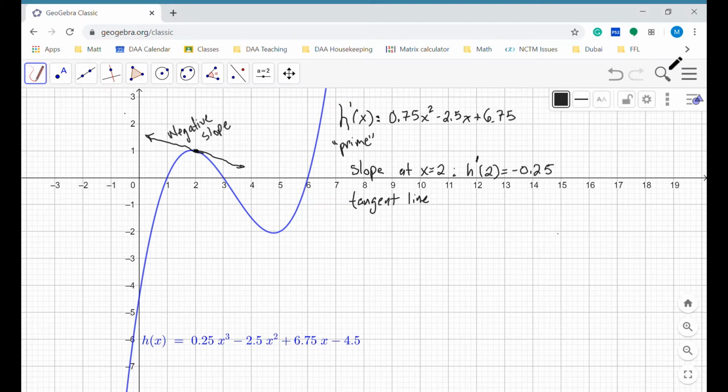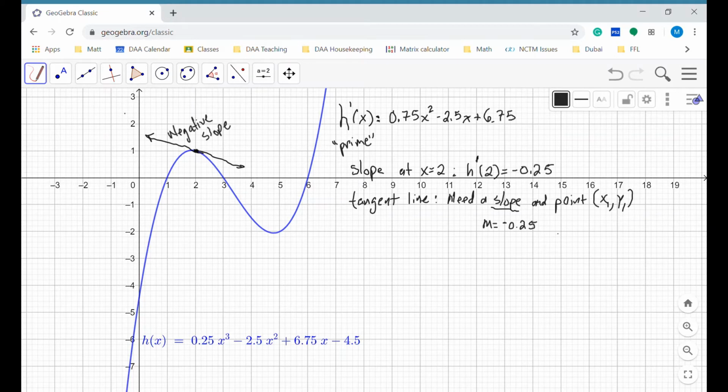In order to do this, you need a slope, or really to make any line, you need a slope and a point. The point is like some x1, y1. In this case, our slope is just the derivative evaluated at our x value. So our slope, we already found that to be negative 0.25.